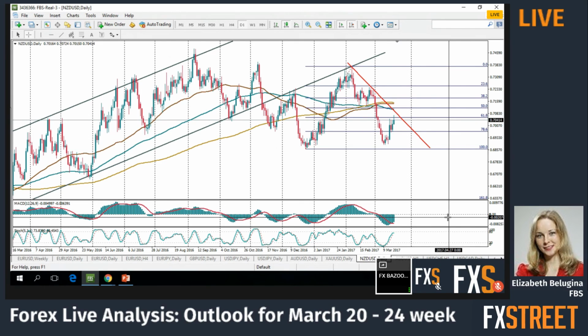Also remember that there was a reduction in long positions for the Australian dollar and Canadian dollar. The New Zealand dollar is also vulnerable to that. So I currently don't see enough reasons to open long positions despite some weakness in the US dollar.